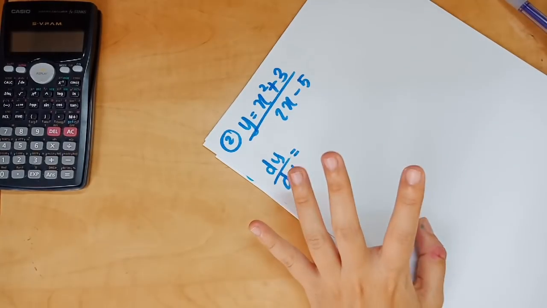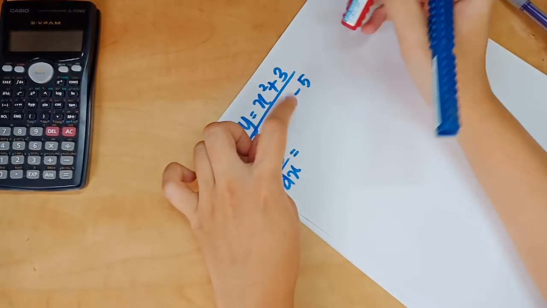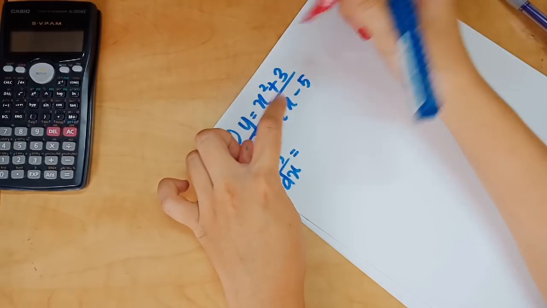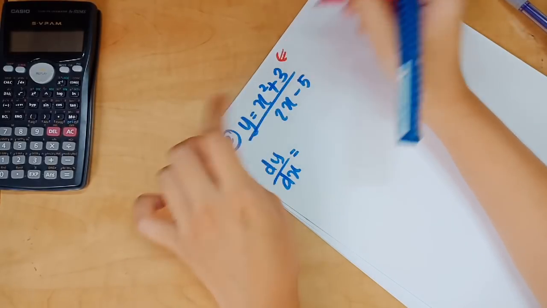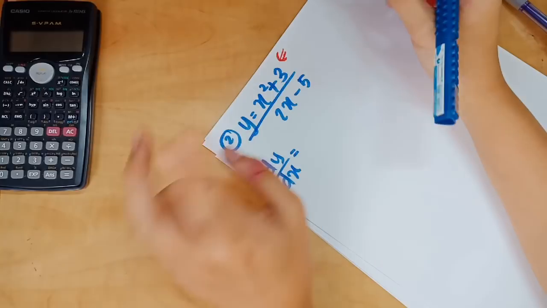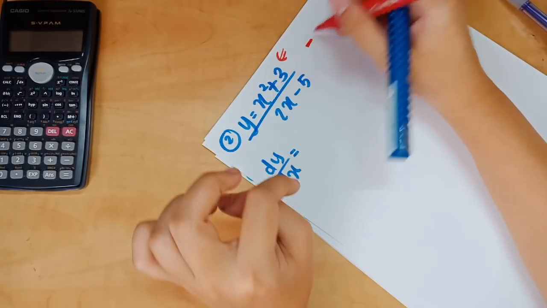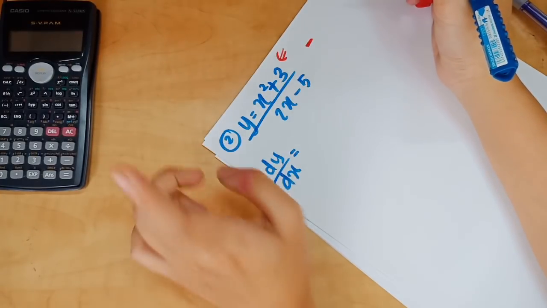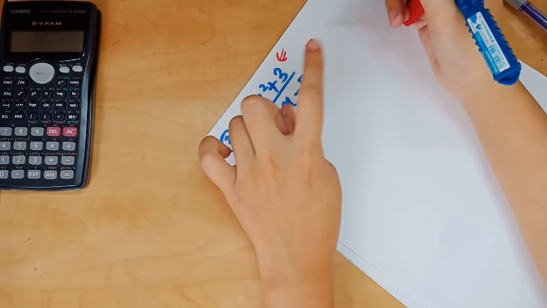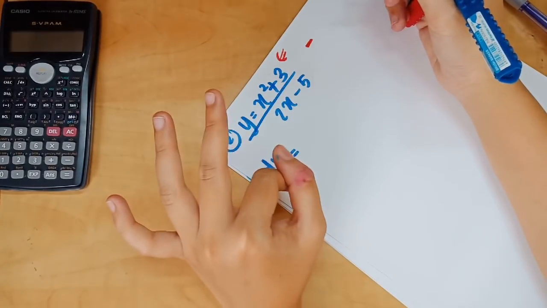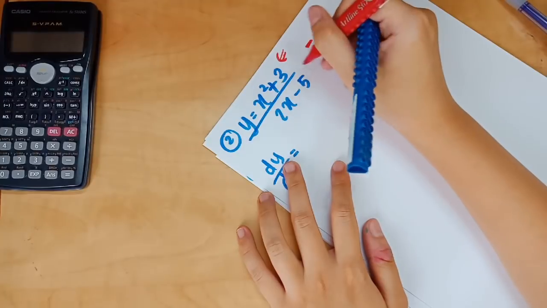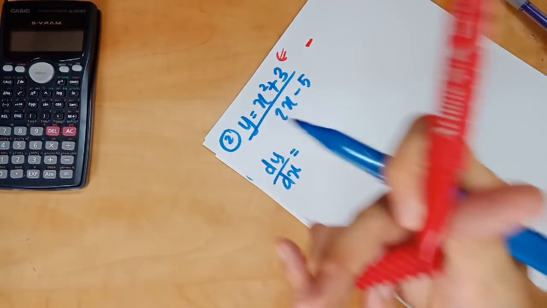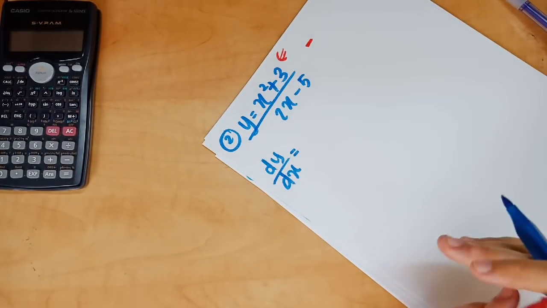The first one is that you have to differentiate the top one before the bottom. Okay, differentiate the top one first. And the second thing is between these two things you have to write minus, subtraction, because for product rule is addition, but for this remember that it's minus. And the third thing that you have to remember is to square the bottom of the division, square the denominator.